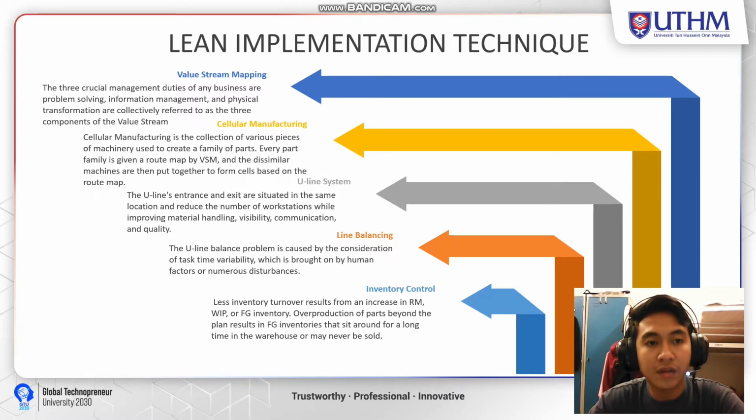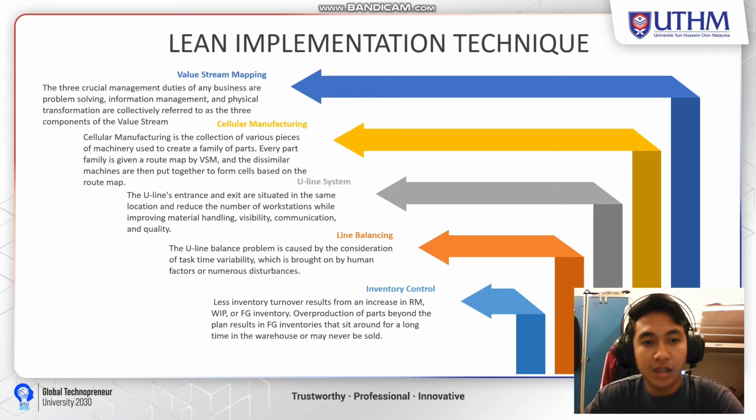Every part family is given a route map by VSM, value stream mapping, and the dissimilar machines are then put together to form cells based on the route map. For the U-line system, the U-line's entrance and exit are situated in the same location, which reduces the number of workstations while improving material handling, visibility, communication, and quality.